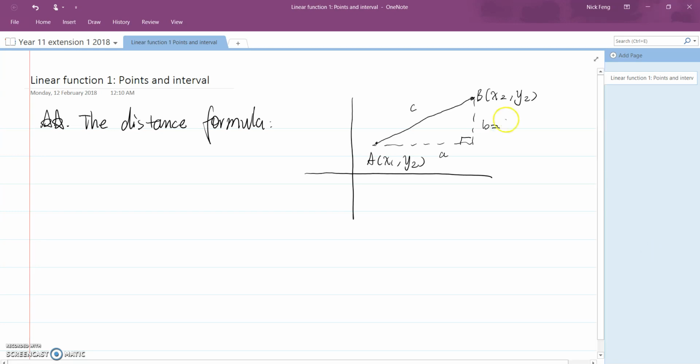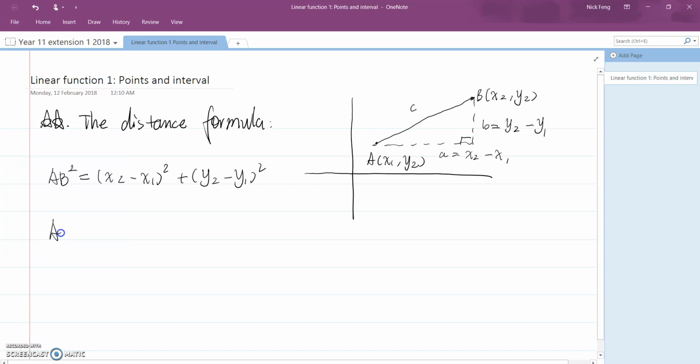However, the B, which is the vertical distance of this triangle, would be y2 minus y1. And the horizontal distance is x2 minus x1. Therefore, AB squared is equals to x2 minus x1 squared plus y2 minus y1 all squared.